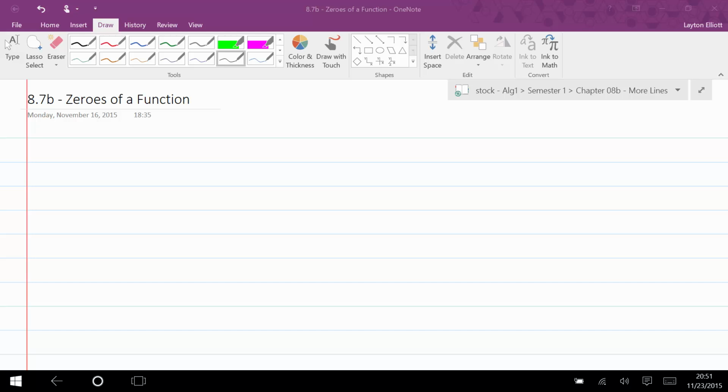Welcome to part 2 of talking about functions. Remember that this notation, f of x, could indicate an equation, something like x squared plus 7. That's the same thing as saying y is equal to x squared plus 7. So really what we've got is a situation where y and f of x are acting like the same thing.